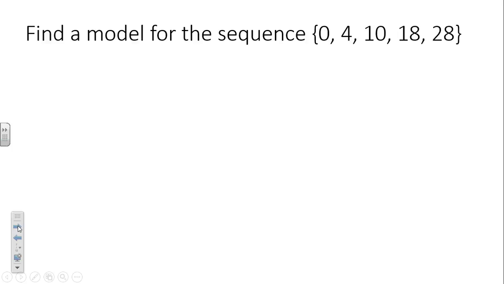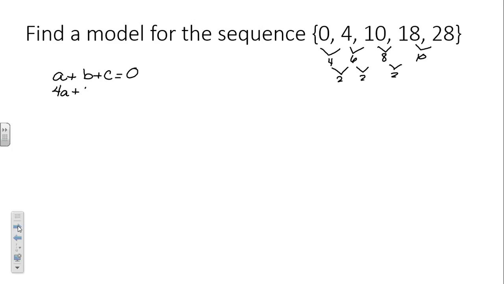All right, last example. So we have first differences of 4, 6, 8, and 10. Second differences are 2s. So we know it has to be quadratic. So when n is 1, we will have 1 squared times a plus 1 times b plus c, and that's equal to 0. n is 2 means 2 squared times a, 2 times b, c equals 4.